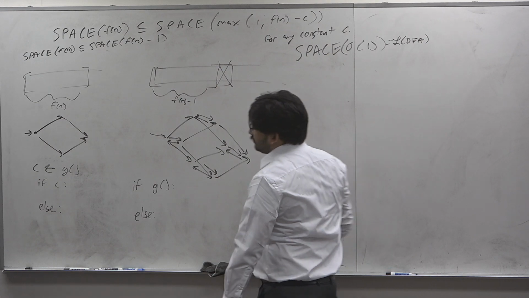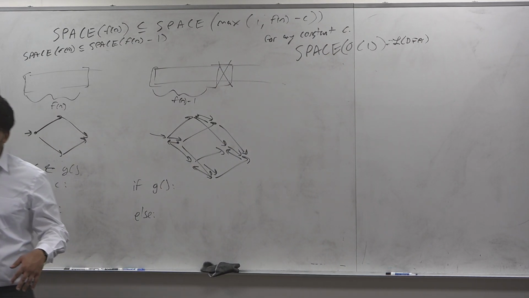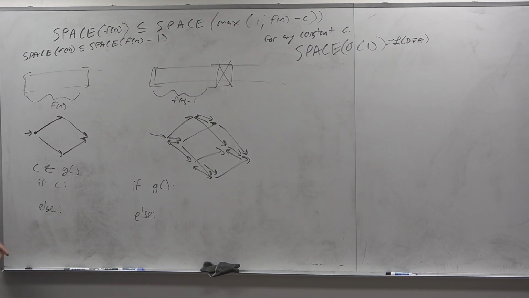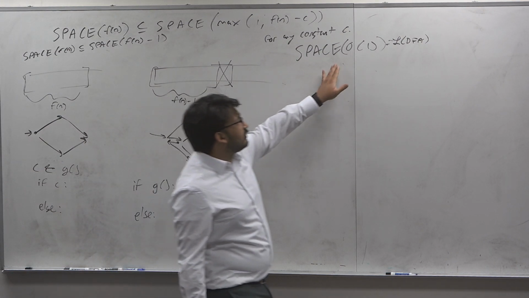Why? Every DFA can be converted into a Turing machine that uses no space. So that's one inclusion. This gives you the reverse inclusion, right? So these are in fact equal. Constant space is exactly the regular languages. There's a second proof of this that we could do directly, right?